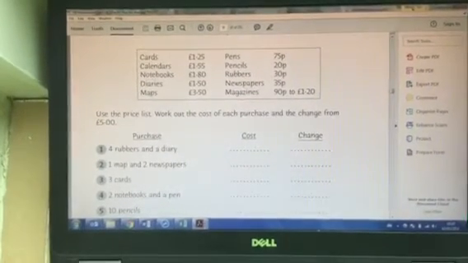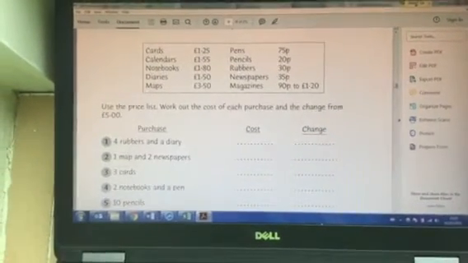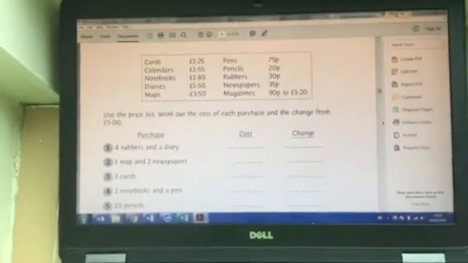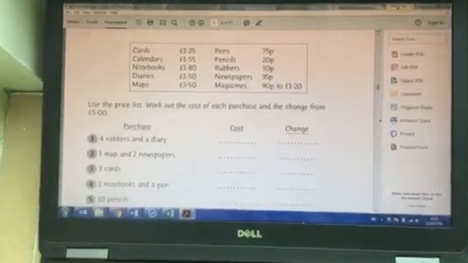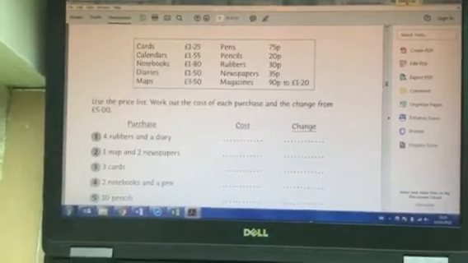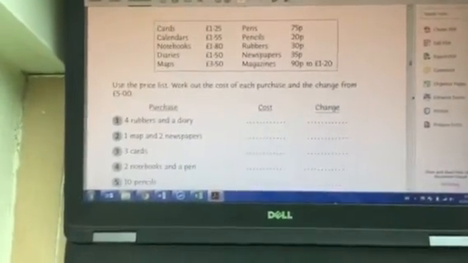I just want to go through your homework task for maths once again, because I know on Friday we went through it very quickly, and I think it's really important that we make sure we understand the task that we have to do. So I'm just going to do a small video for you and explain how to complete these questions.